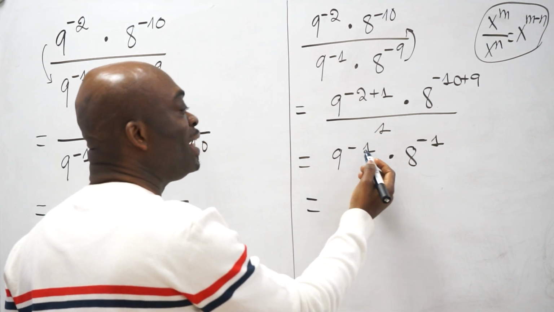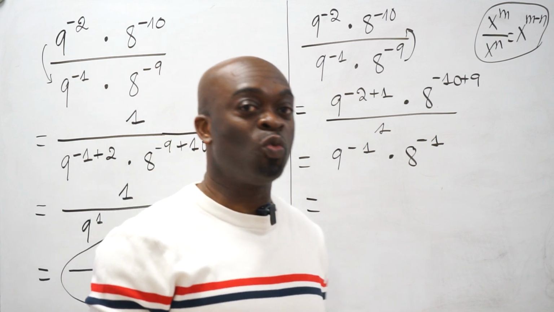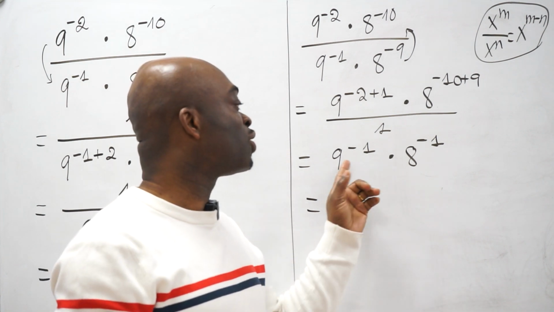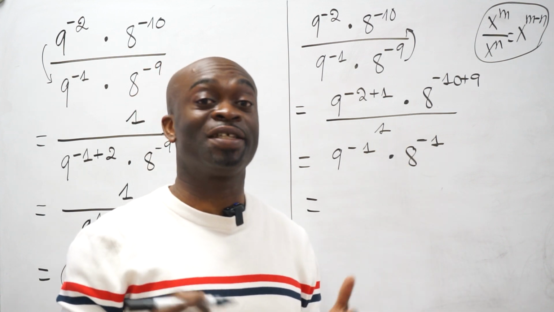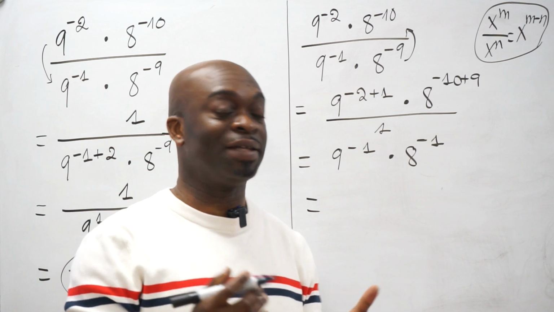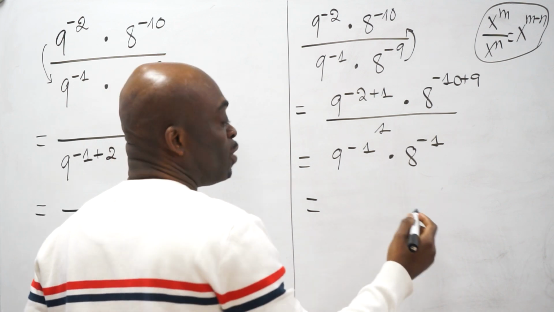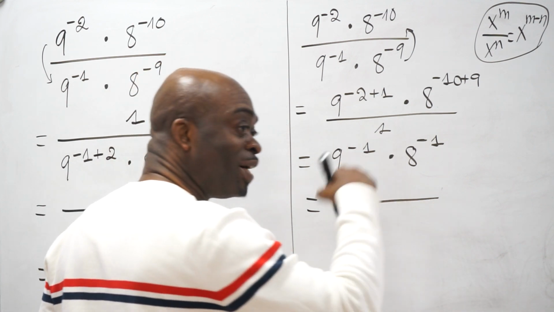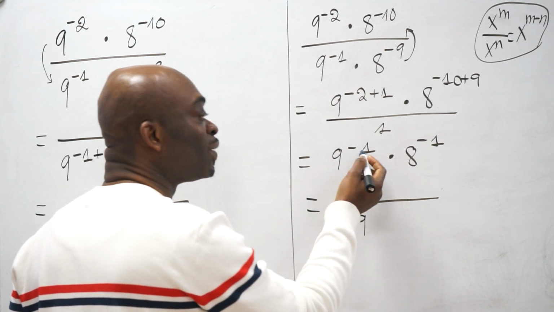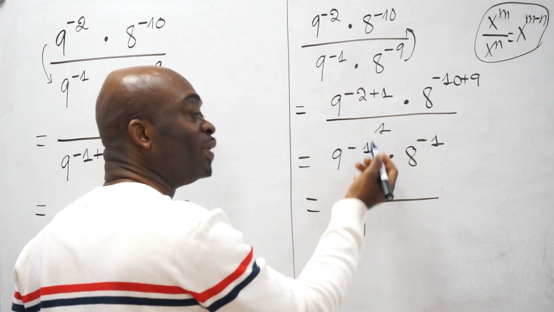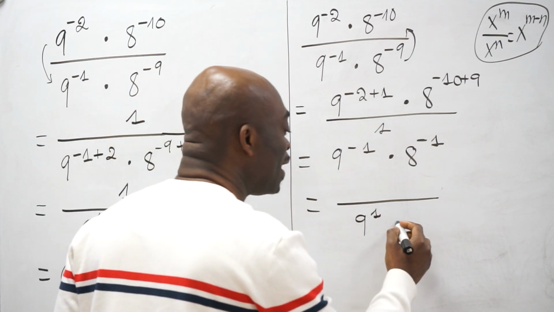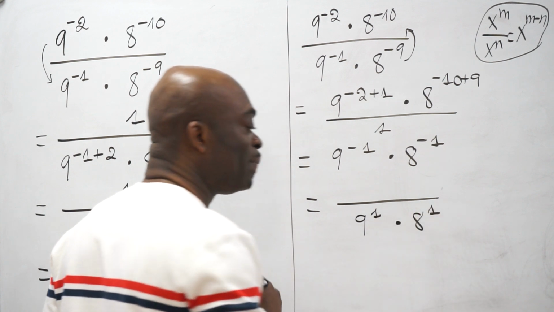Now, 9 negative 1, 8 negative 1. We are not going to be able to multiply these two the way they are. So we are going to change them into positive powers. Once they are positive powers, it's easier to combine them together. To make them positive powers, you're going to have to move them down. So when you move them down, the 9 with negative power 1 becomes 9 to the power positive 1, times the same thing for 8 positive 1.